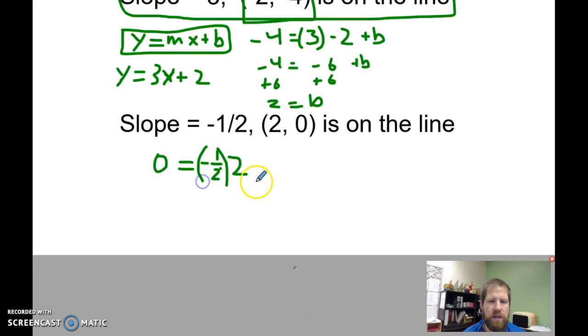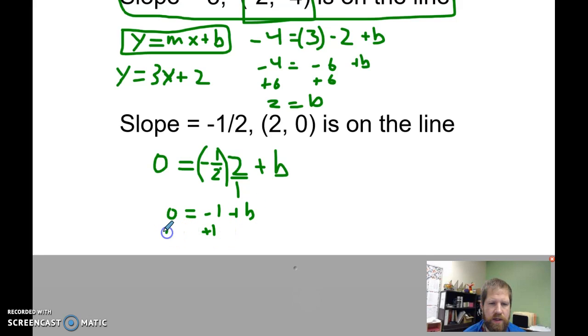Put these in parentheses again, plus b. 2 times -1/2 is going to be -2/2, or -1. So I'm going to have 0 equals -1 plus b.